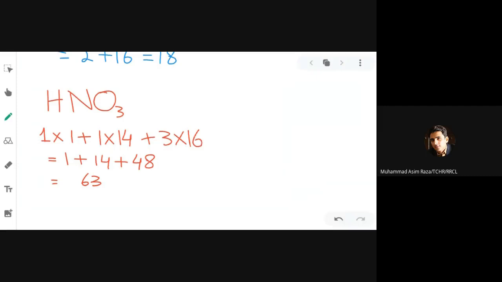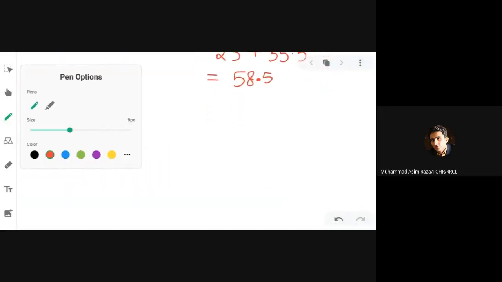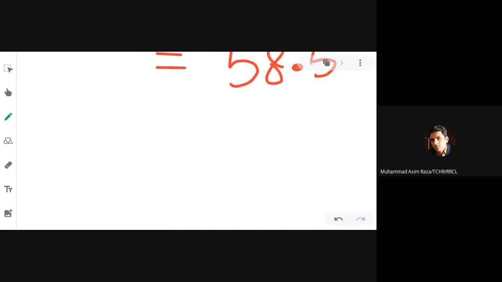We can do some more examples over here as well. For example, we can find out the formula mass of K2SO4, potassium sulfate.